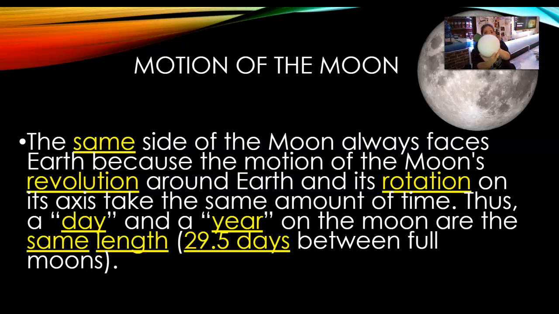But as you can see, as it's spinning, it's facing the same way. But this just did a whole rotation, one whole spin. So 1 moon day is the same length as a moon year, how long it takes to get around the Earth. And again, it's 29.5 days, almost a month.